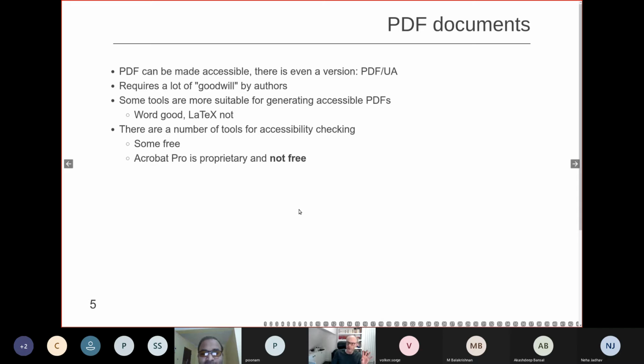So Word is fairly good when it comes to things like reading order, putting in headers, footers, everything in the right nesting depth. You can actually also give alt text there, which sometimes gets lost, unfortunately, but most of the times actually is being translated correctly into alt text for diagrams or for graphics in PDF. You can't really do anything about math, of course, even from Word, and there's not much else you can do in anything that's a bit more advanced.